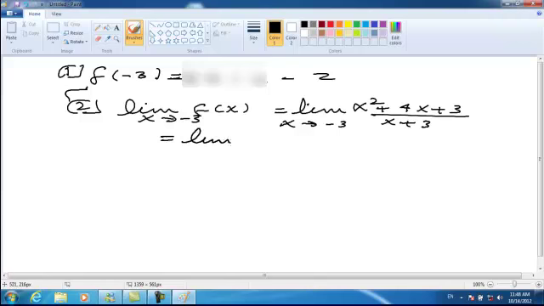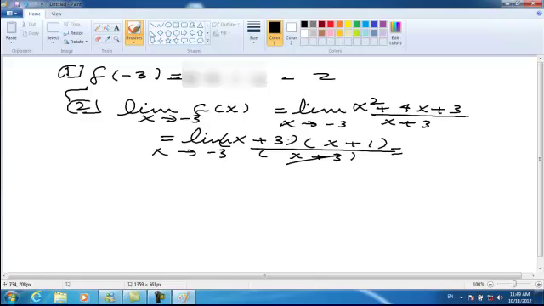Factorization of the numerator: x plus 3 multiplied by x plus 1 divided by x plus 3, as x tends to minus 3.